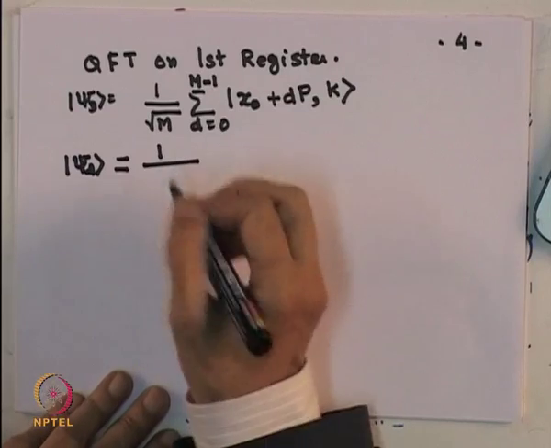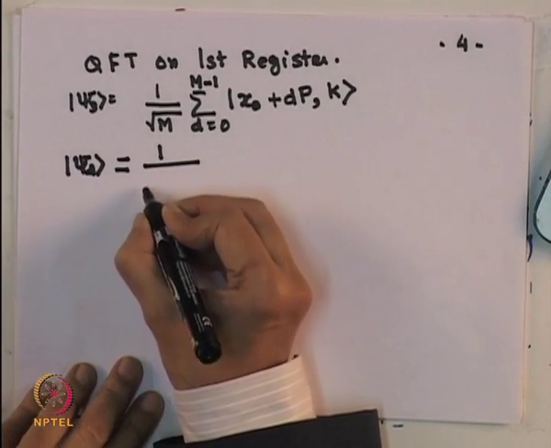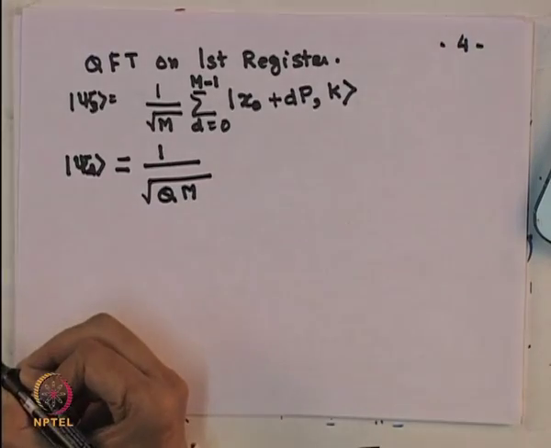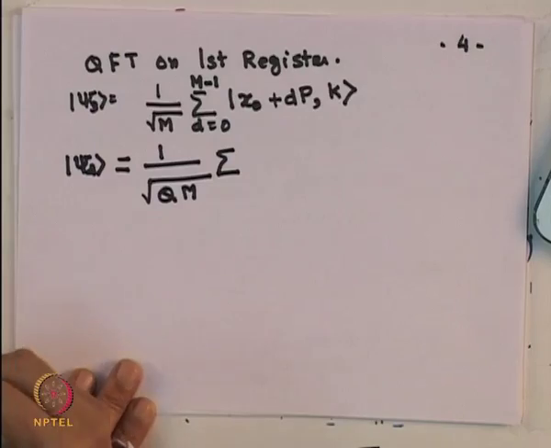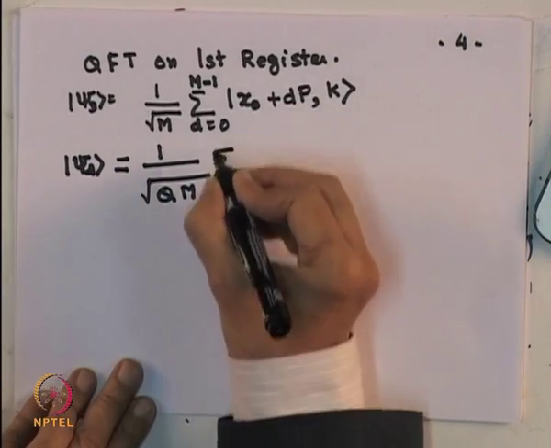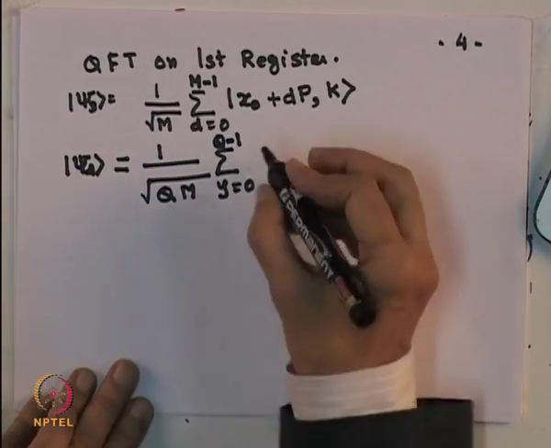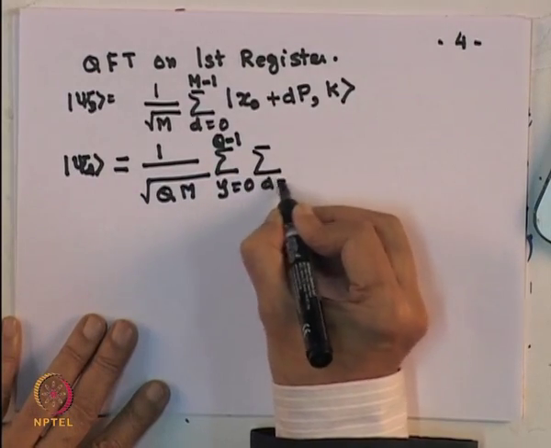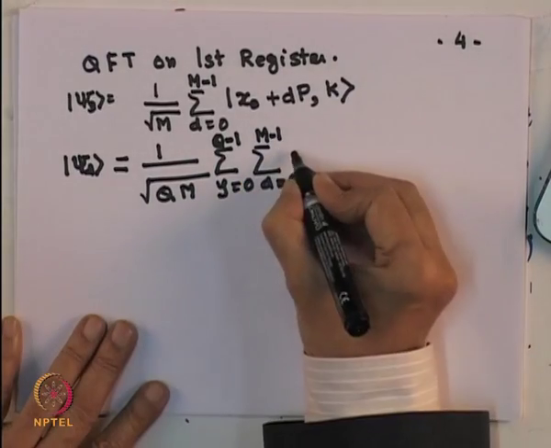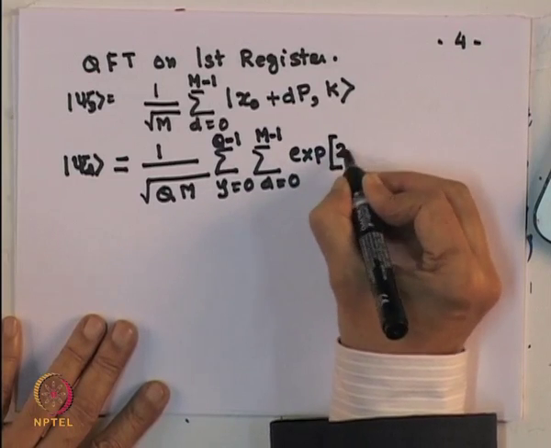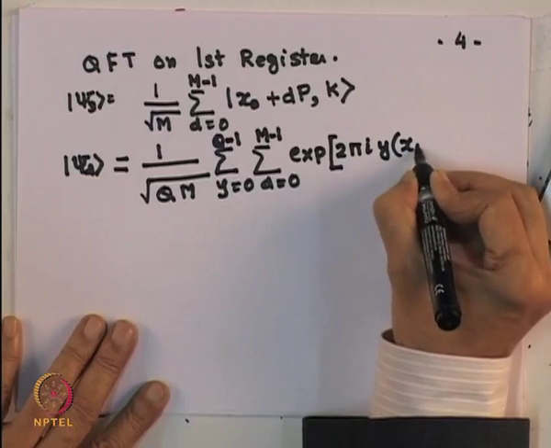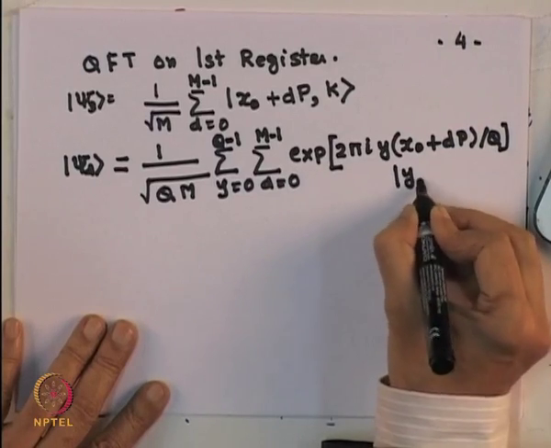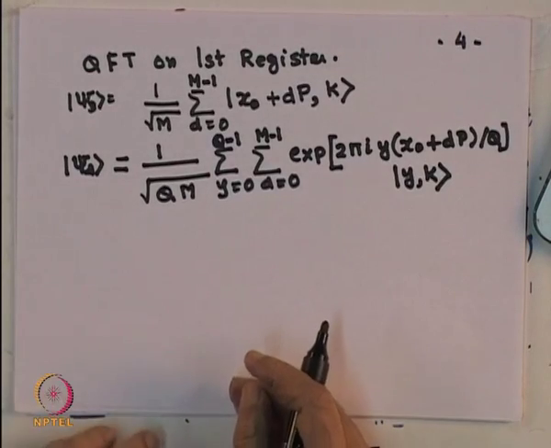So therefore, this is 1 over square root of q times m, sum over y equal to 0 to q minus 1, sum over d equal to 0 to m minus 1, exponential of 2 pi i y into x0 plus dp by q, and y k. This is the standard definition of the Fourier transform.